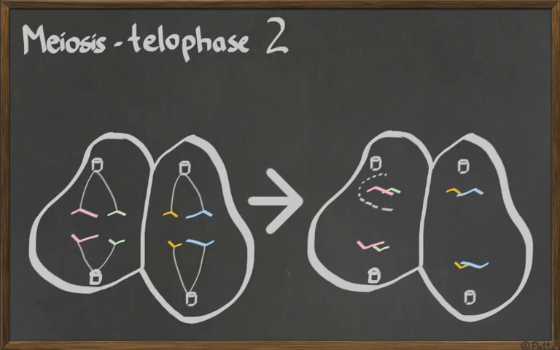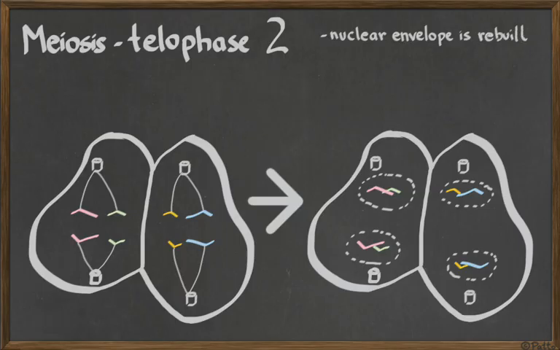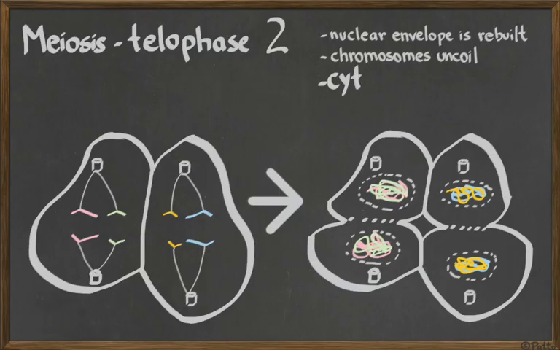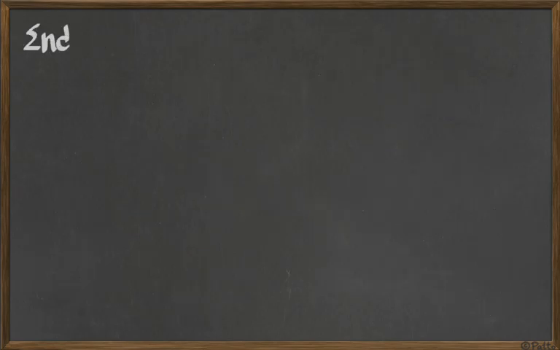A nuclear envelope is rebuilt. There it is, a new nuclear envelope for each of those cells. The chromosomes uncoil, so they are kind of ready. And you're going to have cytokinesis again, and the cell gets divided. This here was telophase 2, breaking the cell. So meiosis is done.